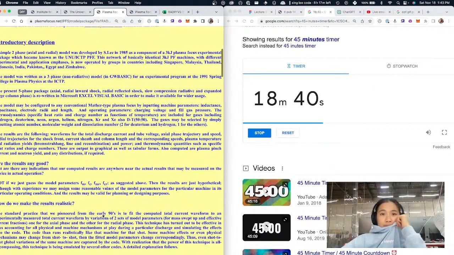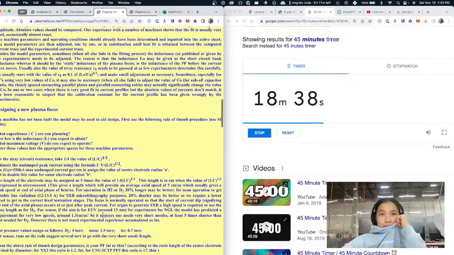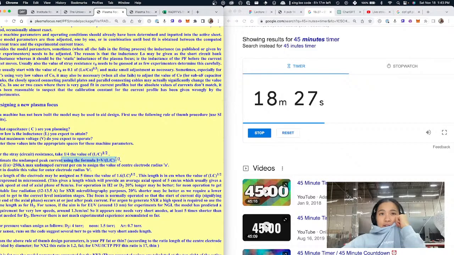Hypothetical. Okay, stray resistance. So this is helpful: stray resistance, undamped peak current.